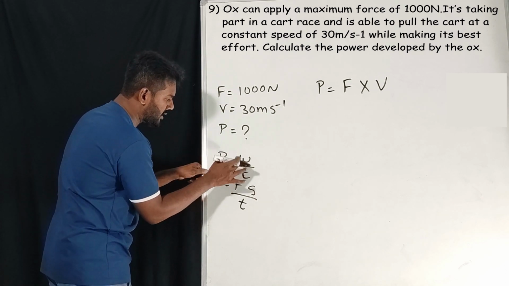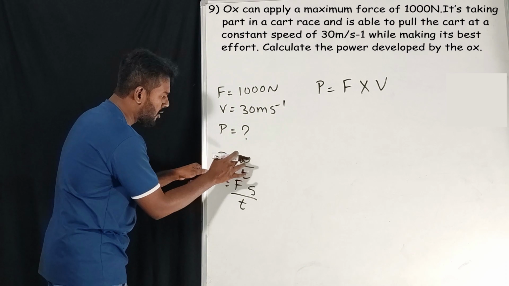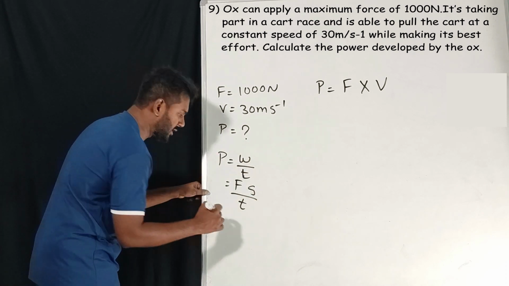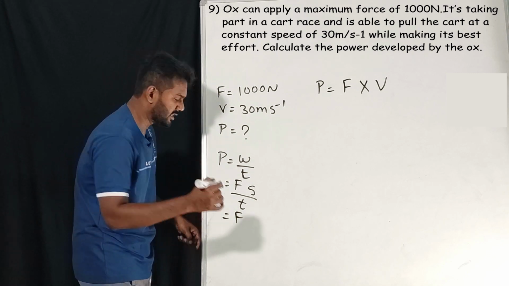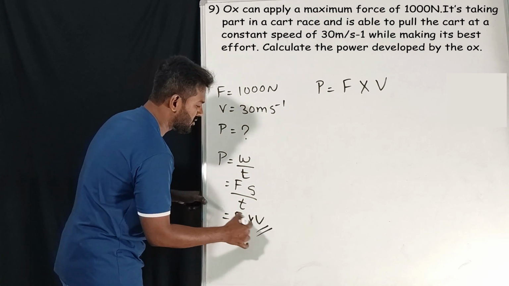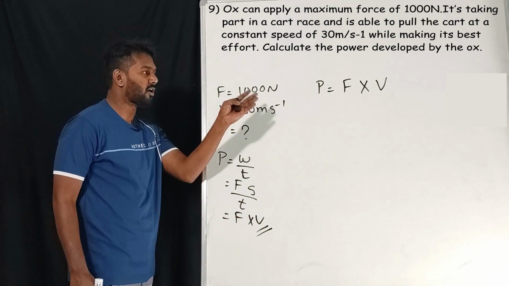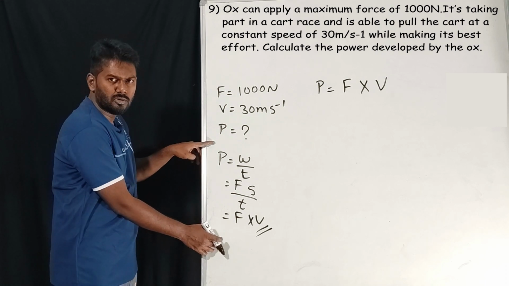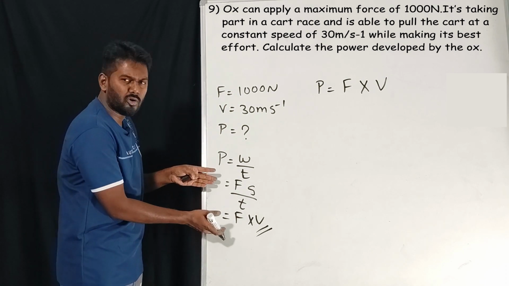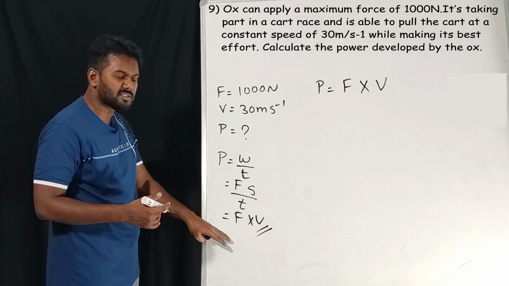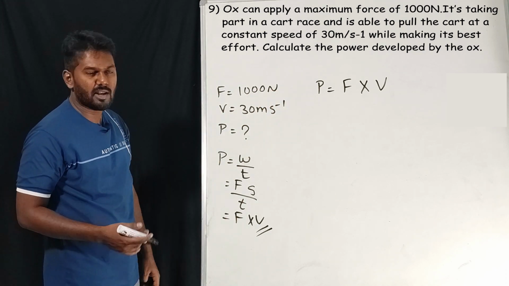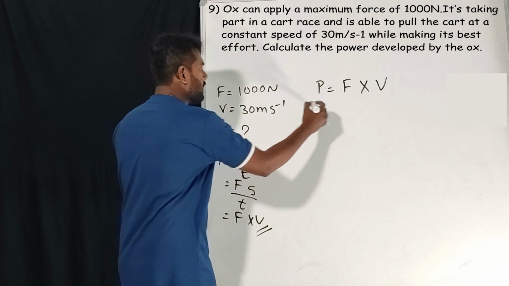Work done is nothing but force into displacement. I'll write force as it is. What is displacement by time? That is nothing but velocity. So this is how we got the formula. If you understand this method of deriving different formulas, then by directly substituting the values, we will get the answer for power.